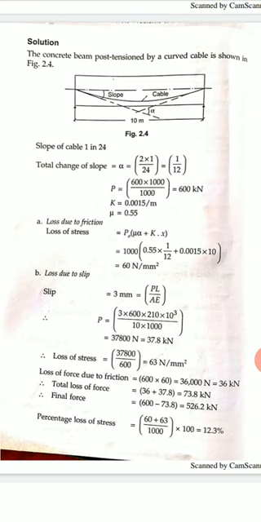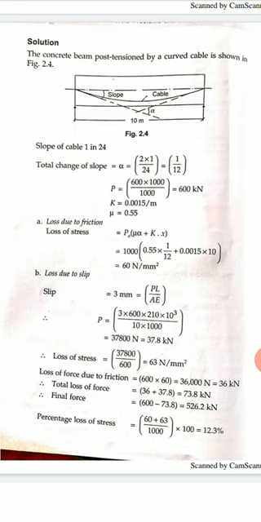So we get P as 37.8 kilonewton. Again they have divided by A. I am repeating from the summary. You can do this stepwise as given in most textbooks, or directly you can find the loss due to slip. So we get that loss as 63 Newton per mm square.